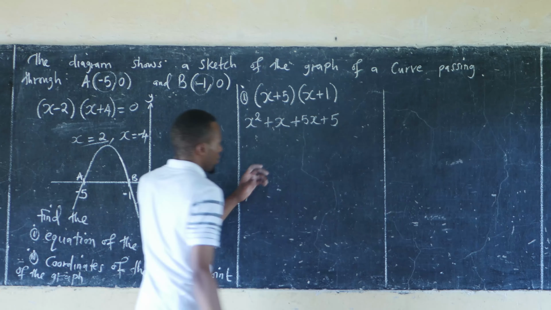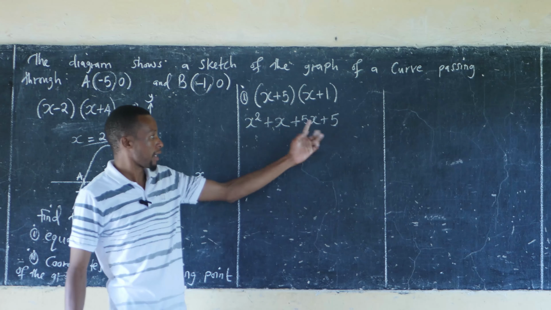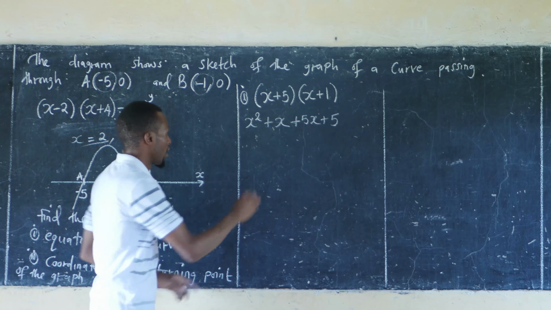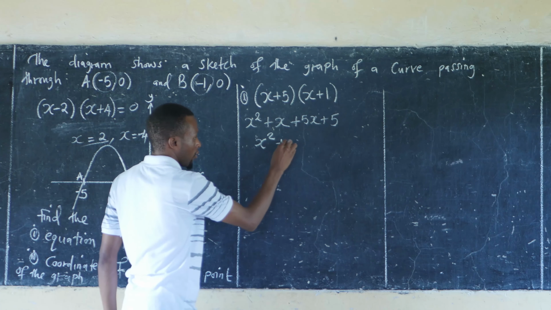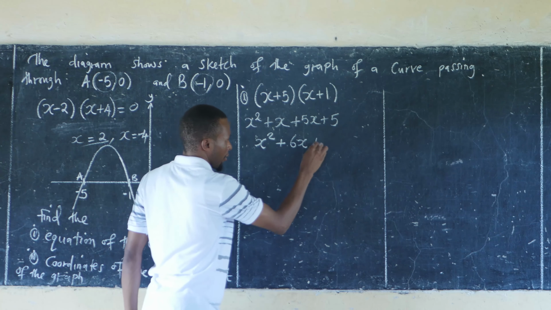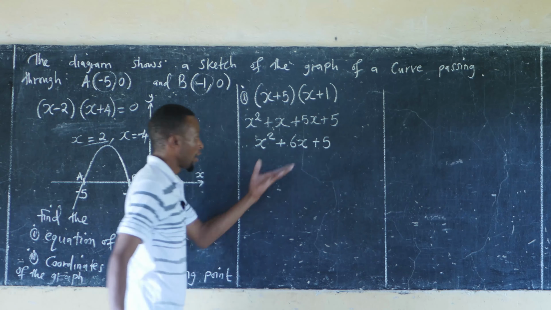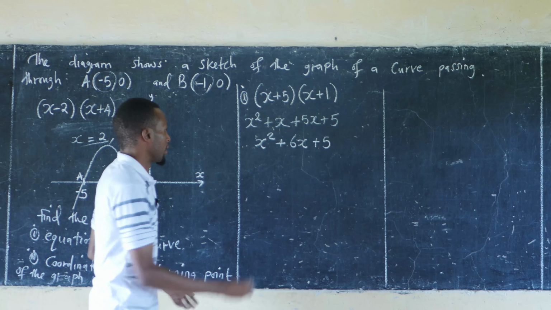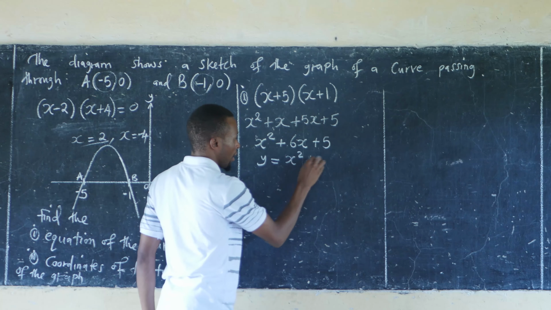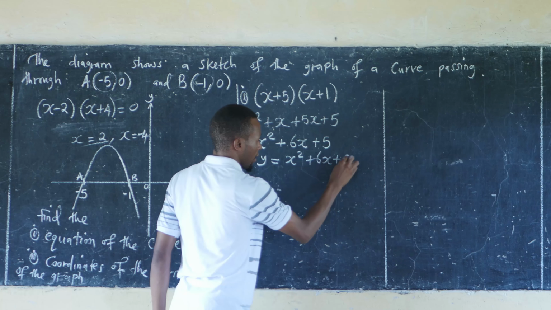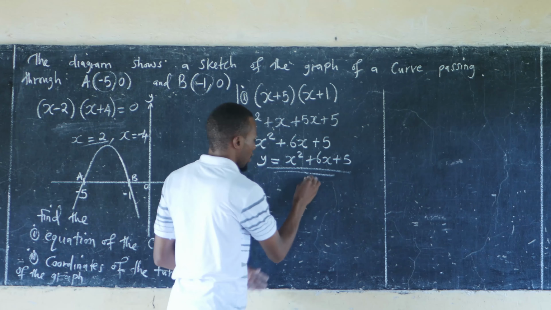From here we add the like terms. The x and the 5x are like terms, so x plus 5x gives us plus 6x. So we have x squared plus 6x plus 5. This is our equation. The first question is done.